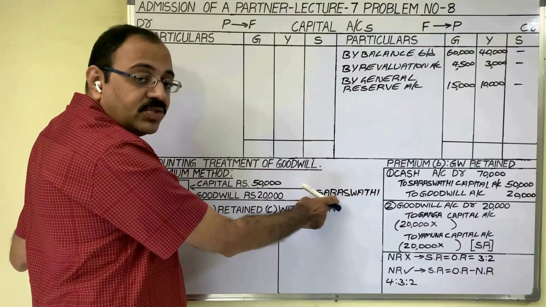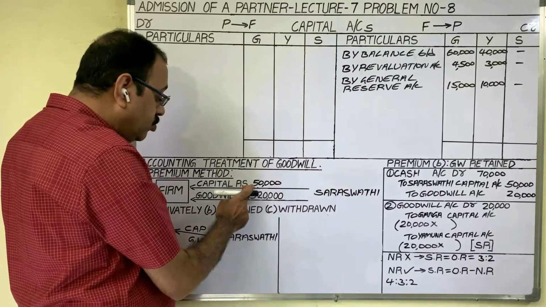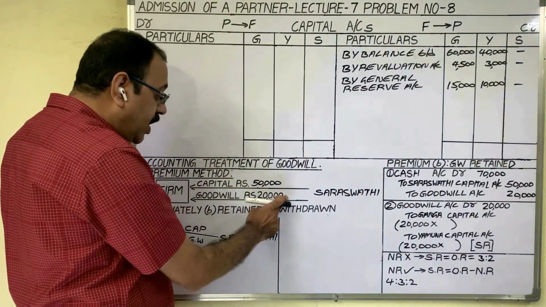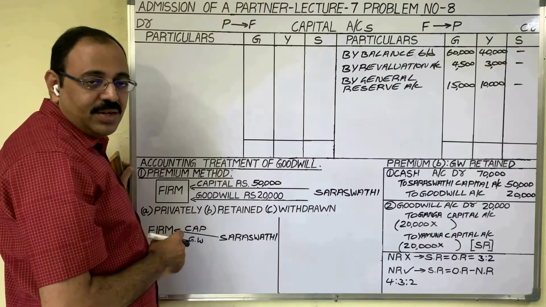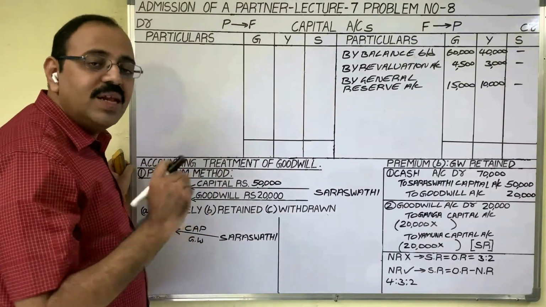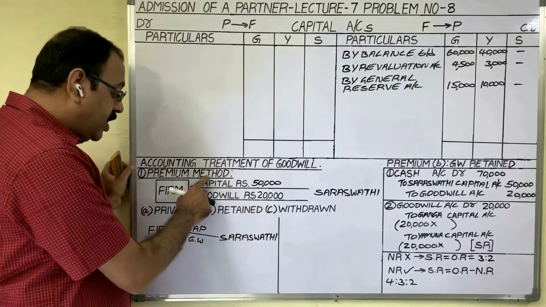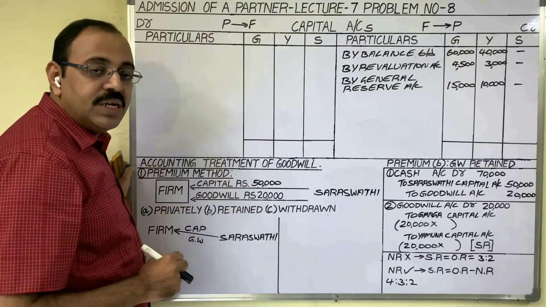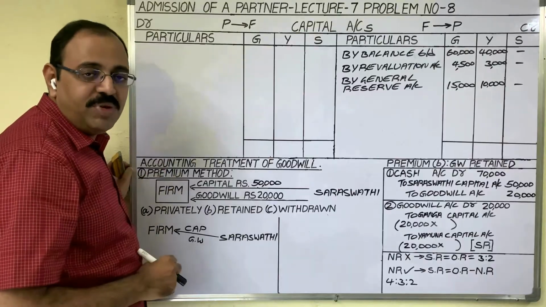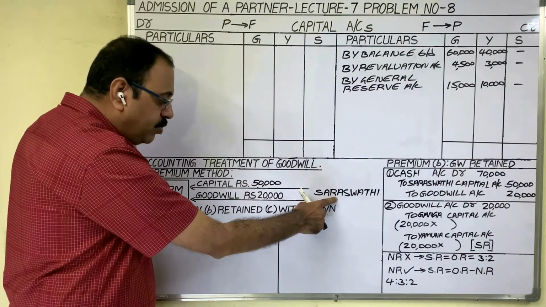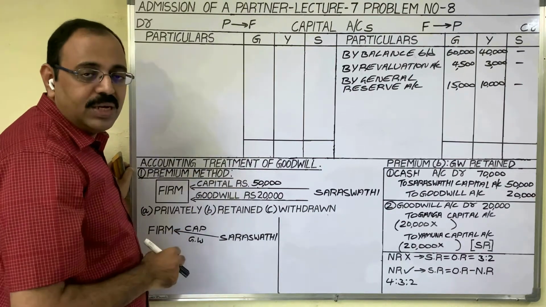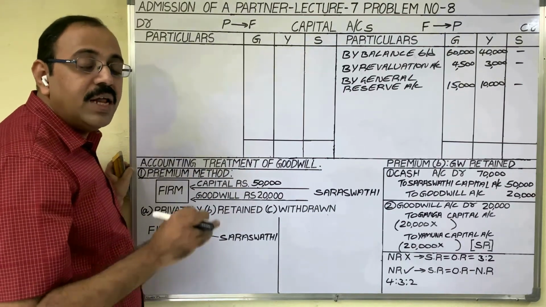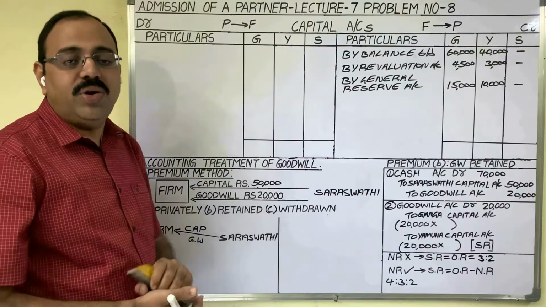The new partner Saraswati is bringing 50,000 rupees capital and 20,000 rupees goodwill into the firm at the time of admission. To adjust goodwill, there are three methods: premium method, revaluation method, memorandum revaluation method. When the new partner is bringing capital and goodwill both, it is the premium method. So here, under the premium method, we have to adjust the goodwill.